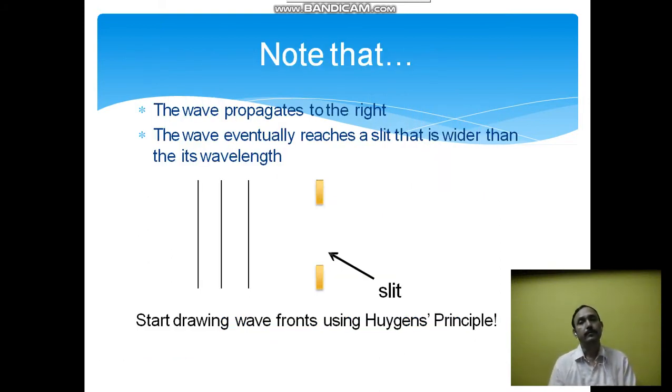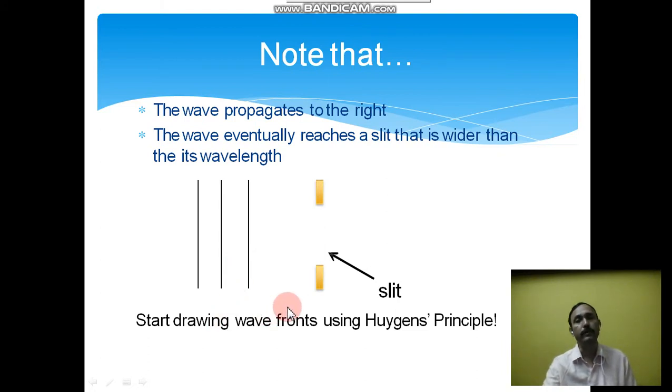Note that the wave propagates to the right. The wave eventually reaches a slit that is wider than its wavelength. So this is the slit. Its width is more than the wavelength of the wave.